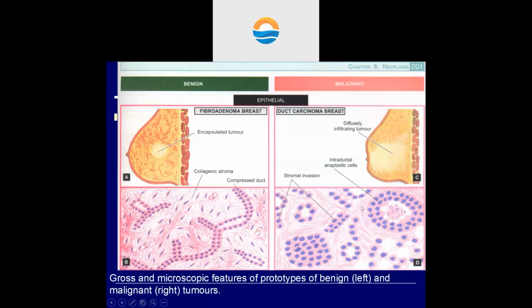But if you look at the right side of the picture, you see stromal invasion, intraductal anaplastic cells, and look, the cells are bigger, they have bigger nuclei with darker coloring due to hyperchromasia, or more hyperchromic nuclei, which are examples of carcinoma.